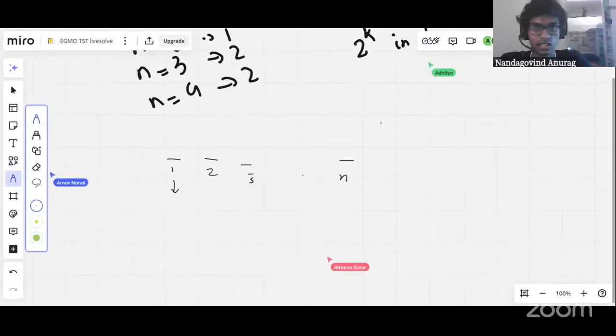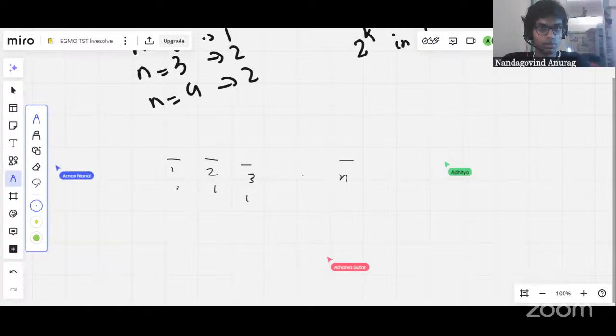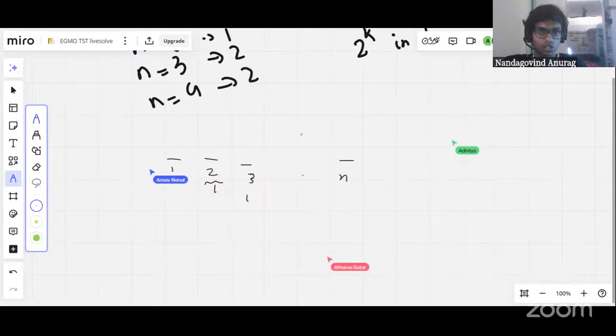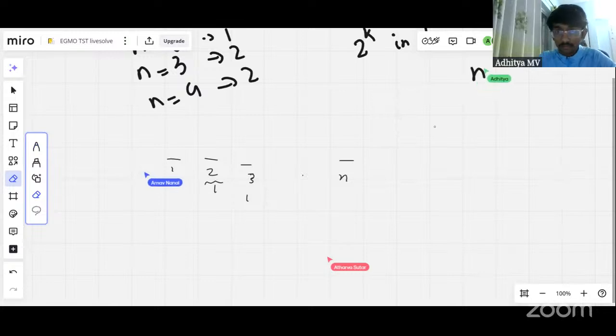Say for 3 elements we did only one move, and we selected 2 and 3. Then 1 would be in the empty set. The point is two numbers cannot have the same subset of operations they were part of, since that would mean the two values are the same. So the subsets should all be distinct, but there are only 2 to the power k subsets, so the number of numbers must be at most 2 to the power k. So n is at most 2 to the k.